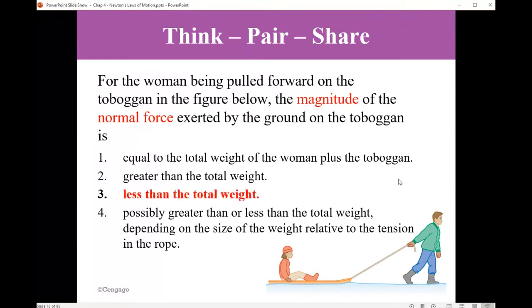Okay, less than the total weight, because the action of the force this way will make the normal force less, and the normal force less makes friction less, and this way the magnitude of the normal force by the ground will be less than the total weight.